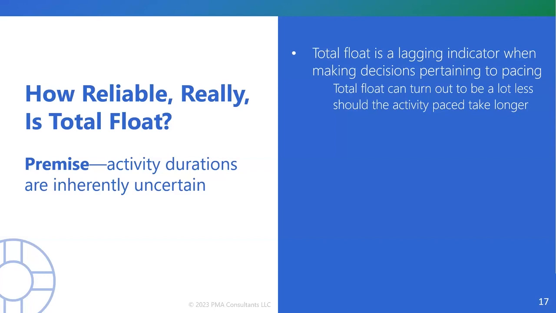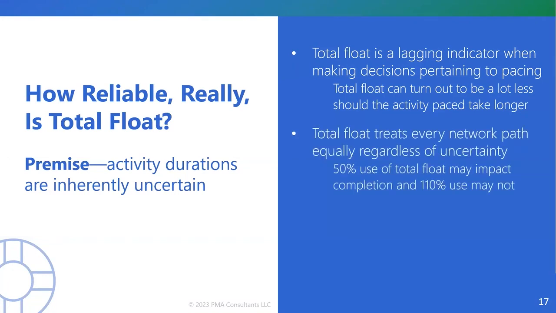Maybe there's a different weather window, maybe the crew that you have is not the crew that you originally planned for, or maybe you just blew the duration. Maybe it really wasn't even 60 days to begin with, just out of an error. So if you use total float, you're assuming that the duration that you had is going to be the same when you get to it. Well, it may or may not.